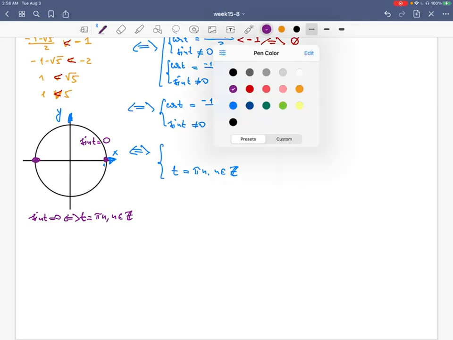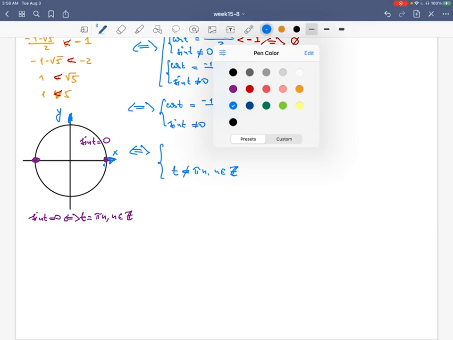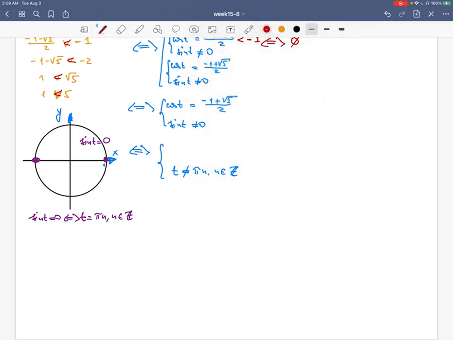So because we want sine t to be not 0, we write that t is not pi times n, and cosine being root 5 minus 1 over 2, that's also 2 points on the unit circle.